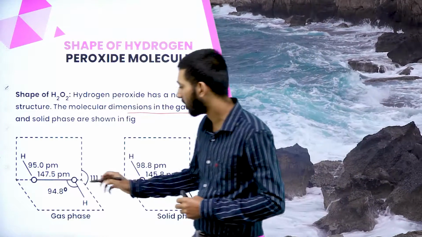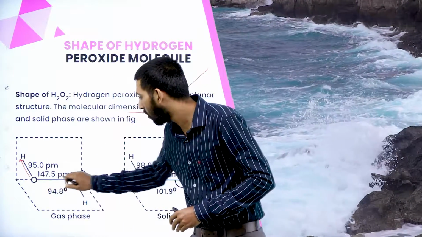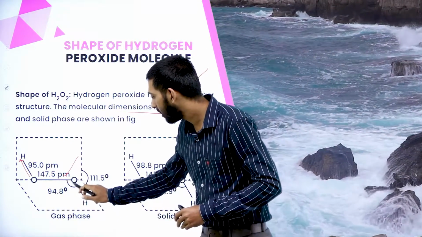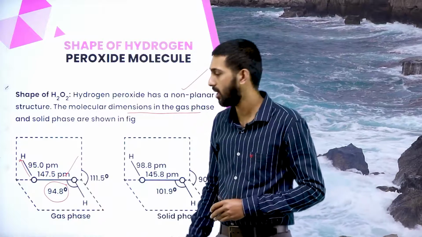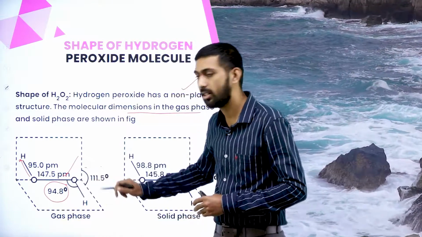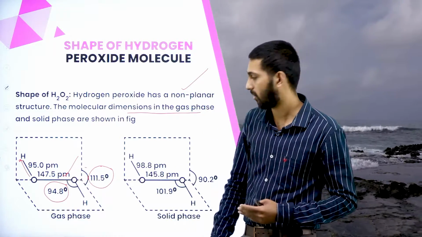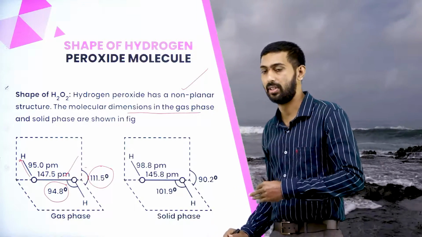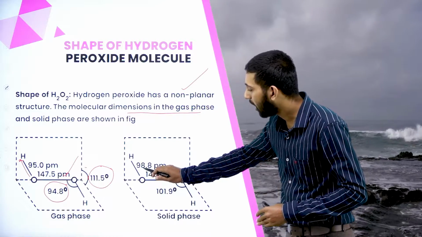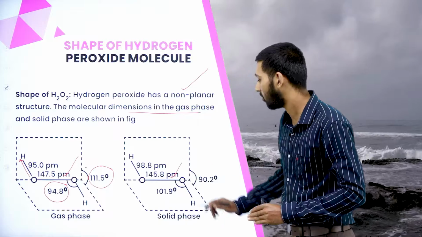Okay, for hydrogen peroxide in the gas phase, the OH bond length is 95 picometer and the OO bond length is 147.5 picometer. The bond angle here is 94.8 degree, and the outside OH angle will be another, 111.5 degree. Now let us see the solid phase. Here the OH bond length is 98.8 picometer and the OO bond length is 145.8 picometer.